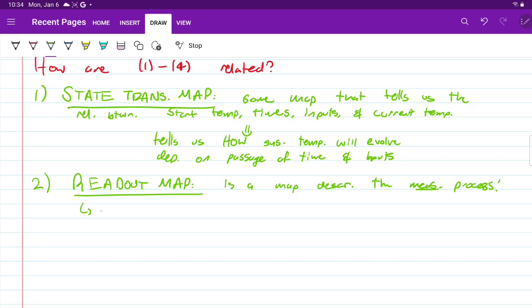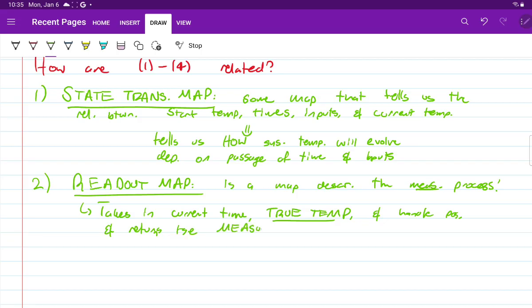Let's say it takes in a current time, a true temperature, and handle position, and returns the measured temperature, right? That temperature from that set, icy, cold, mild, hot, ouch, that my hand actually feels. So it returns the measurement temperature.